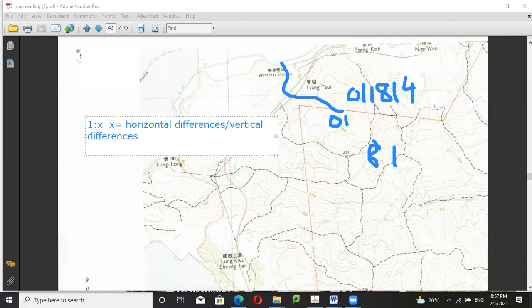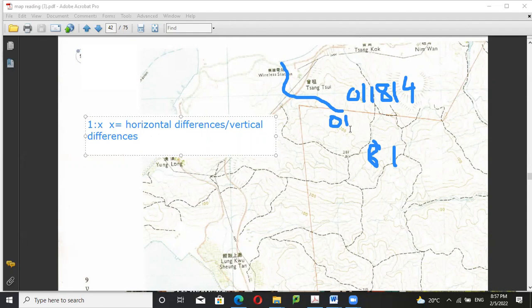If it comes to a curved line like this, you have a headache, but you use the low method: bring a tear-off edge of the question paper and then measure it. But for here, the vertical difference is easy to measure.